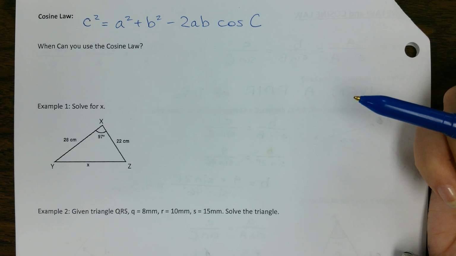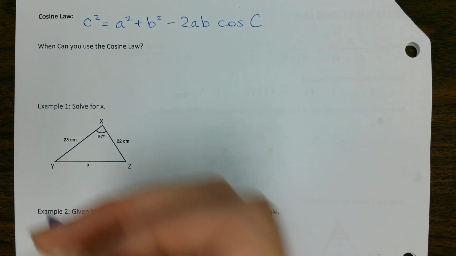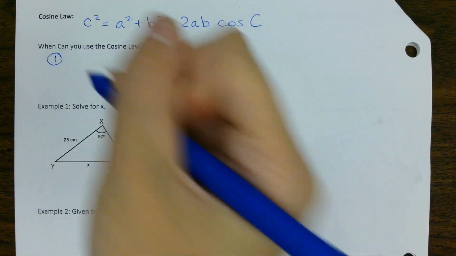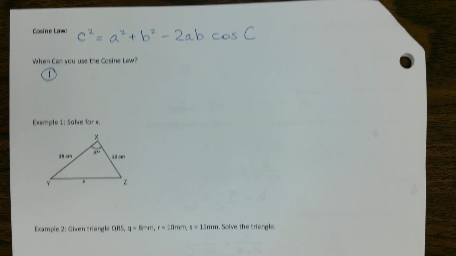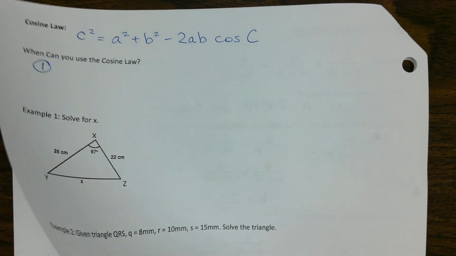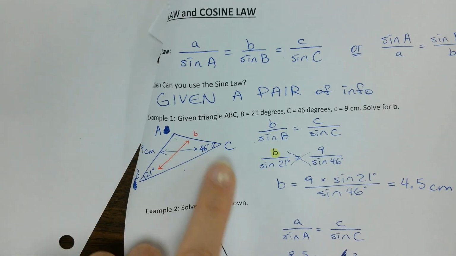Okay, so if sine law, we can do it when we're given a pair. When can we use cosine law then? There's 2 conditions where you can actually use cosine law. All right. So you still have to be given three info.